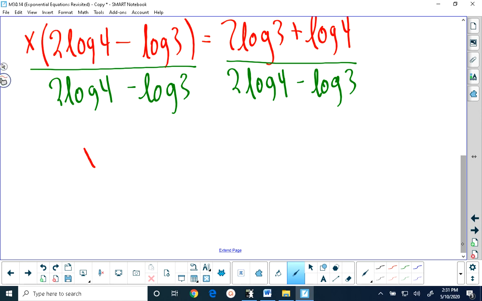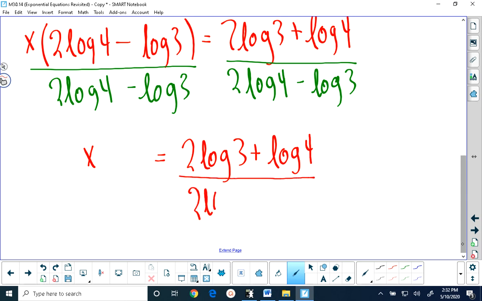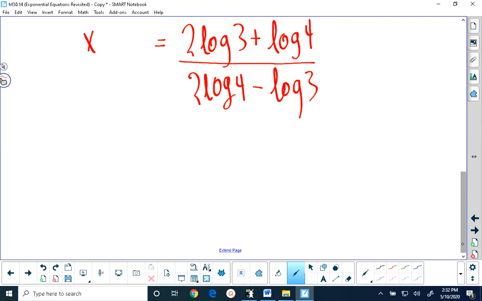Which leaves me with x on the left, and on the right, 2 log 3 plus log 4 over 2 log 4 minus log 3. And by the way, again, if you wanted to, you could bring some of those coefficients up.